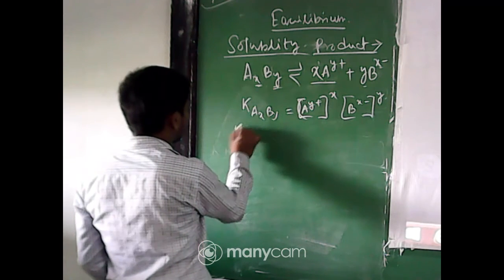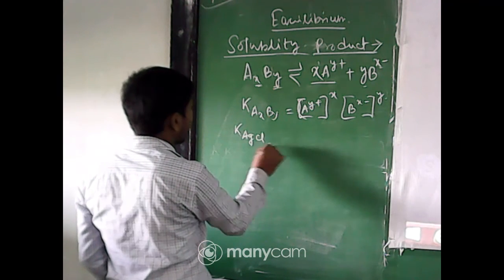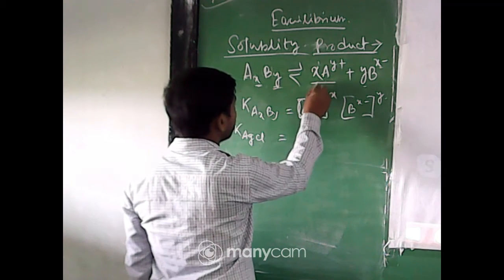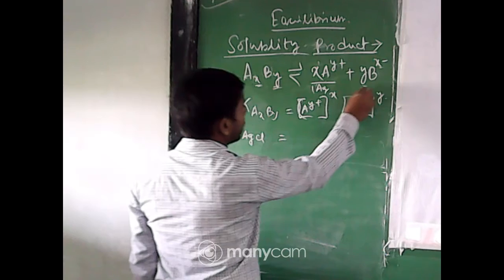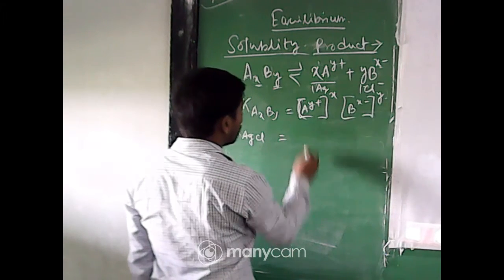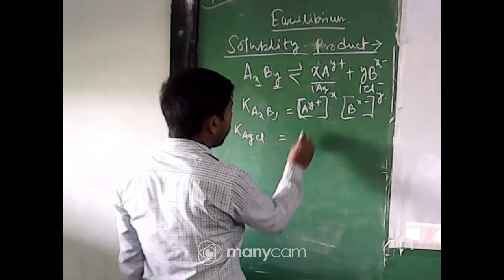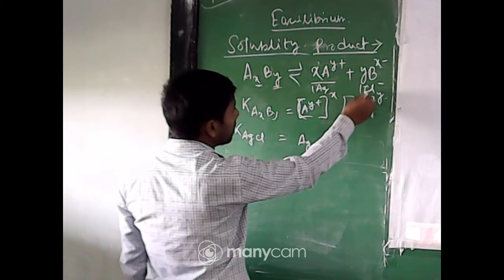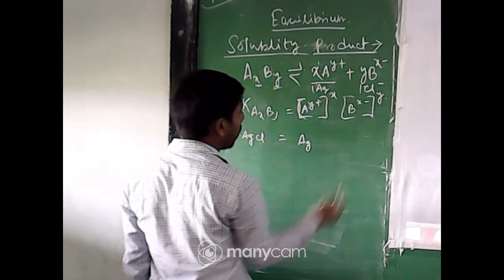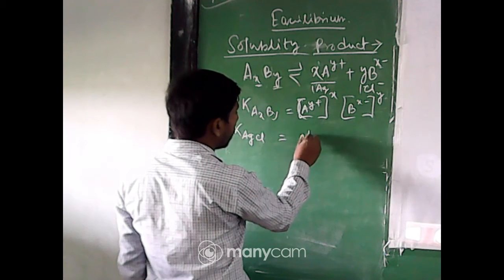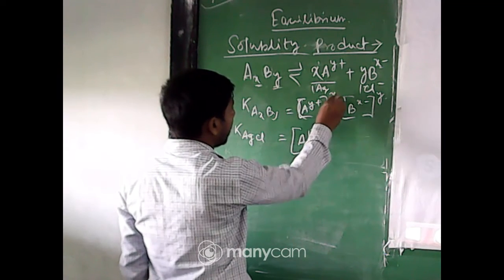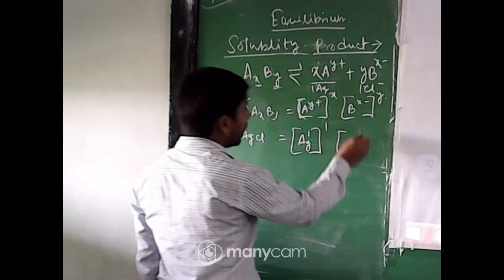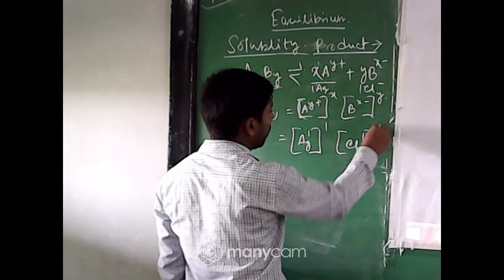For example, K of AgCl. Here Ag was 1 and Cl 1. In this form, A becomes Ag, and the value of y is 1, so Ag to the power 1, and x is also 1, so Cl minus to the power 1.